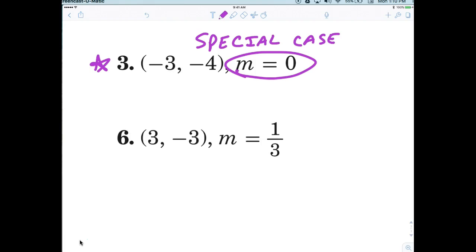What's the y value? -4. So the answer is just y equals -4. Everybody with me on that? That's how I want you to recognize it. Whenever somebody says the slope is 0, I just want you to say it's y equals the y value. You don't have to put it into a form. It's just y equals -4.